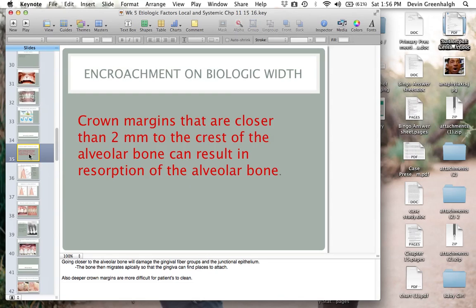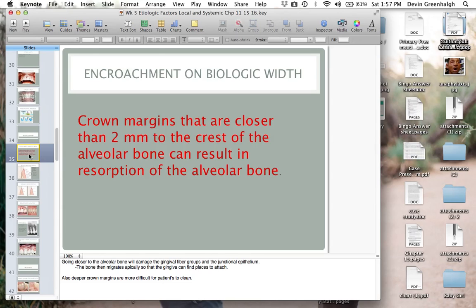The tooth needs 2 millimeters of space away from the bone. The crown margin needs to be 2 millimeters away from the bone to not cause any problems. If you have a crown margin that is closer than 2 millimeters to the crest of the alveolar bone, you begin to have encroachment on biological width, or resorption of the alveolar bone.